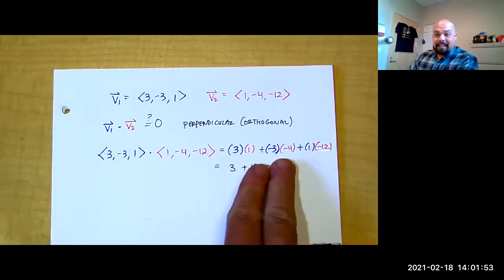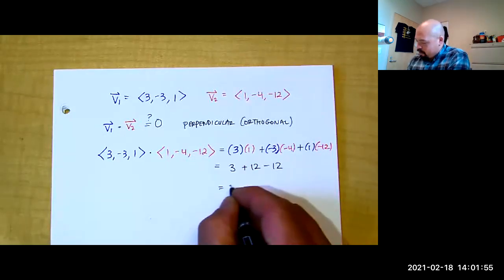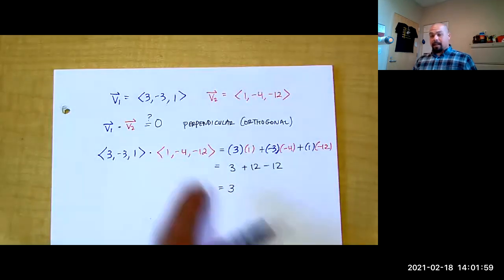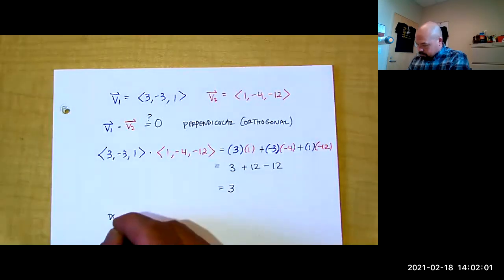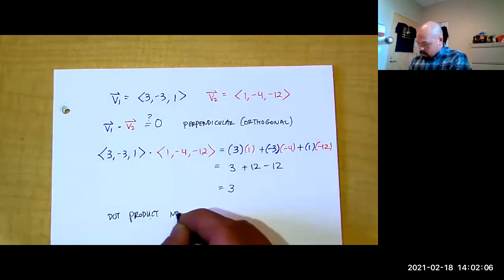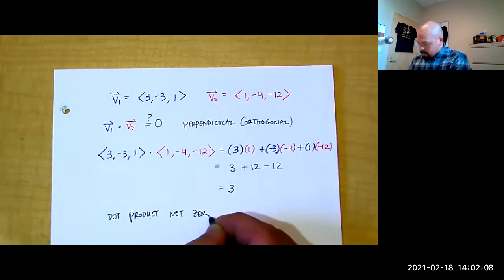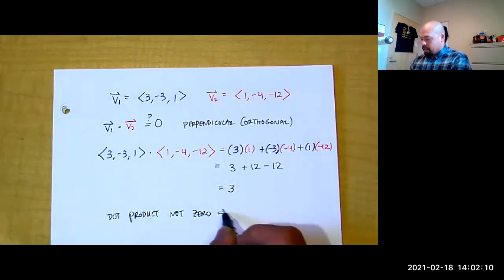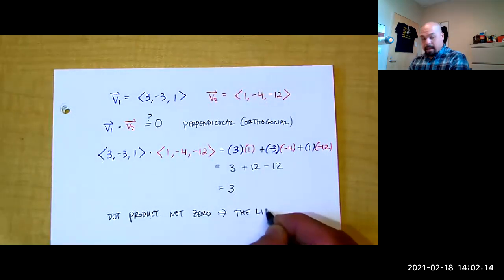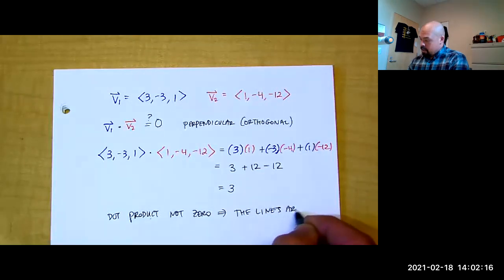All right, those look good. They cancel out, but we're still left with that 3 up front. So the dot product's not 0. That means the lines are not perpendicular. They're not orthogonal.